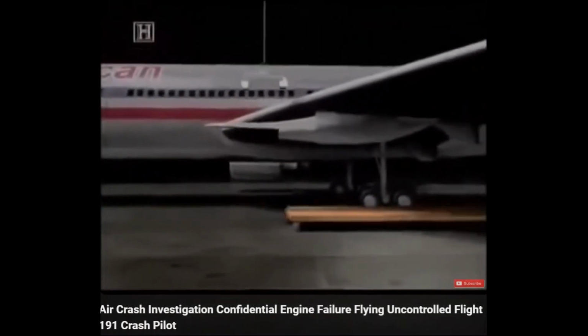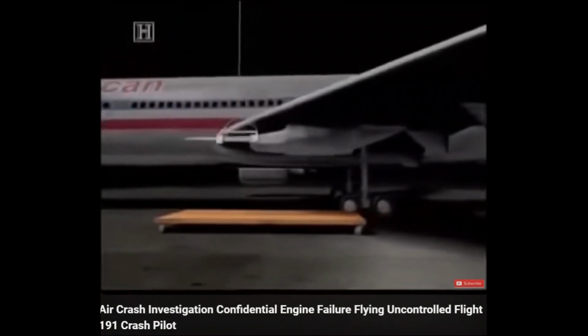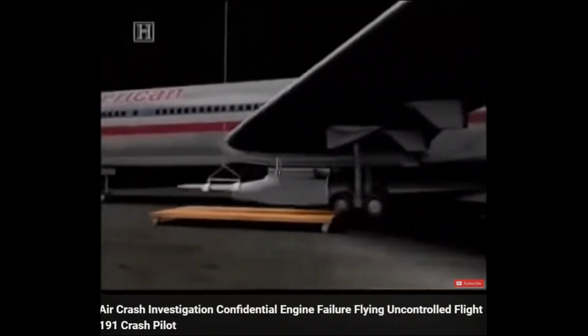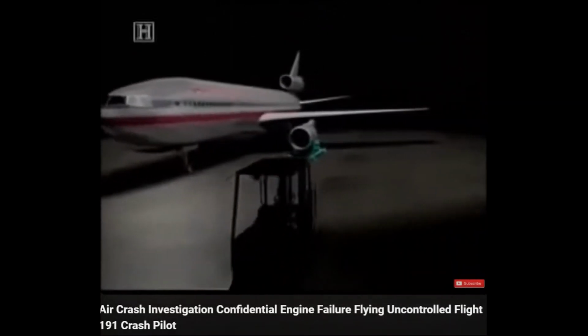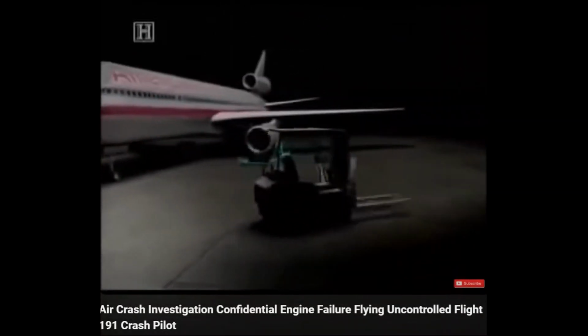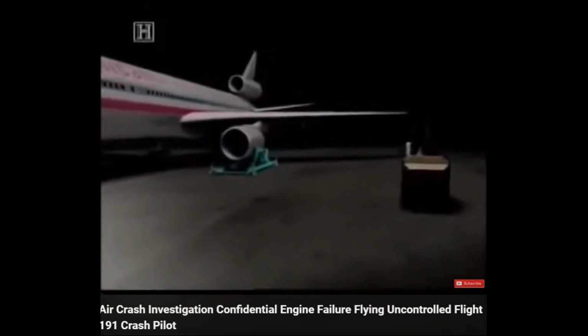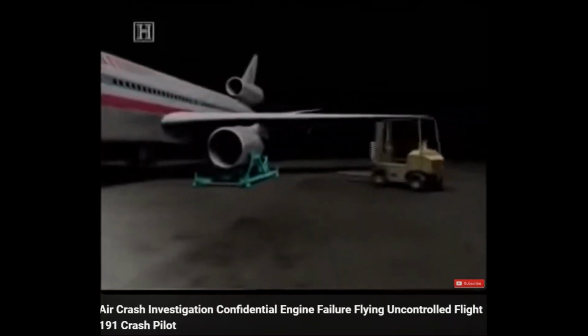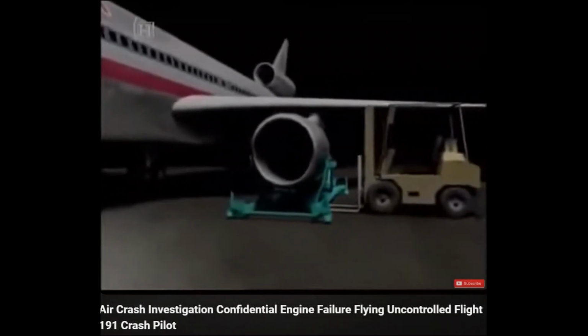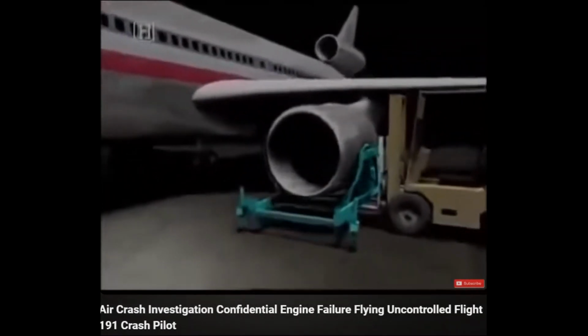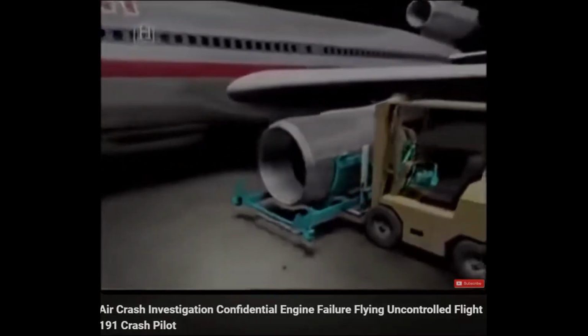Maintenance procedures prescribed by McDonnell Douglas call for mechanics to first remove the engine from the pylon, then remove the pylon from the wing. But in an effort to save time and reduce the possibility of errors in reconnecting the various components, mechanics at Tulsa planned to remove the engine and pylon as a single unit, using a forklift to support the assembly as it was being disconnected from the wing.